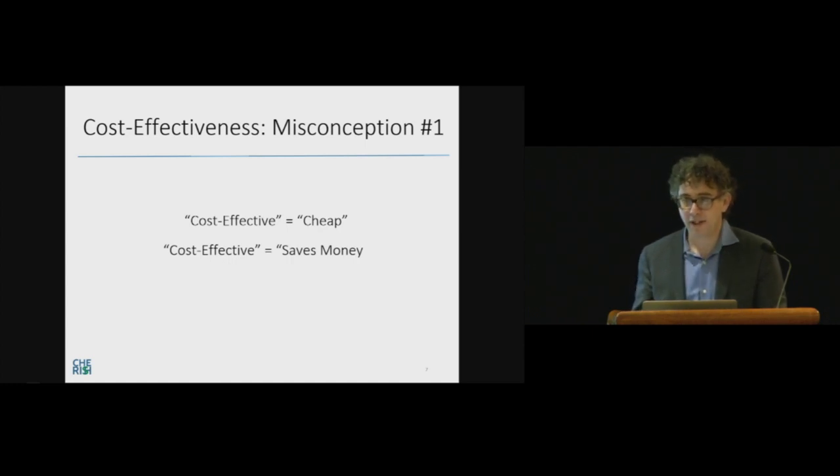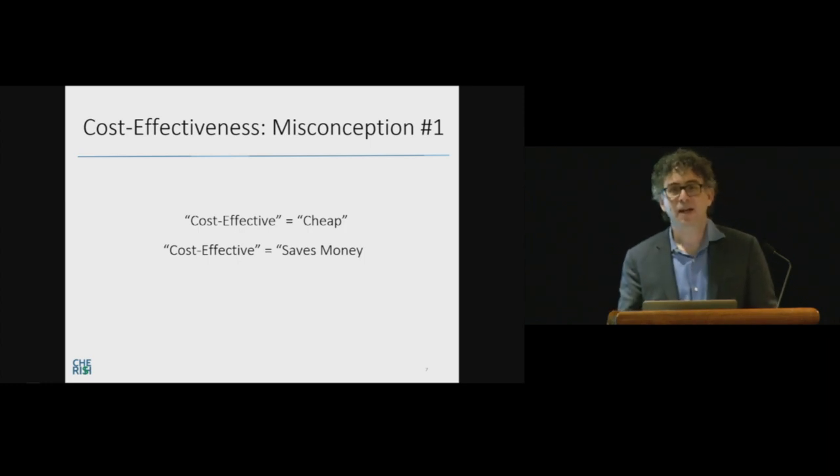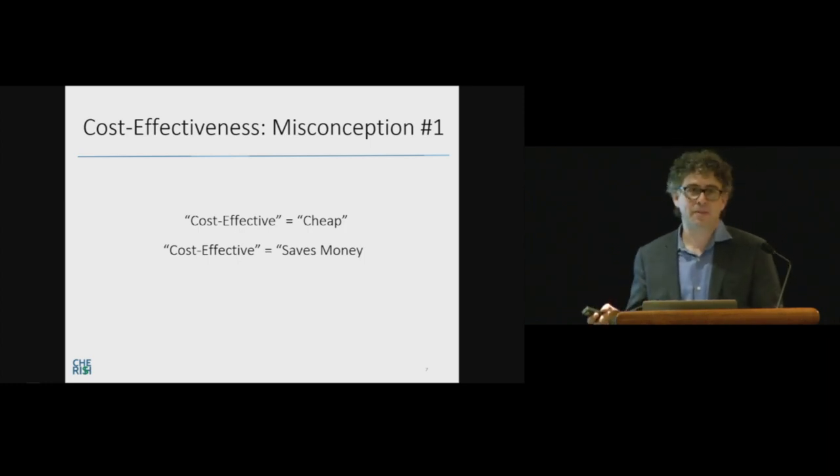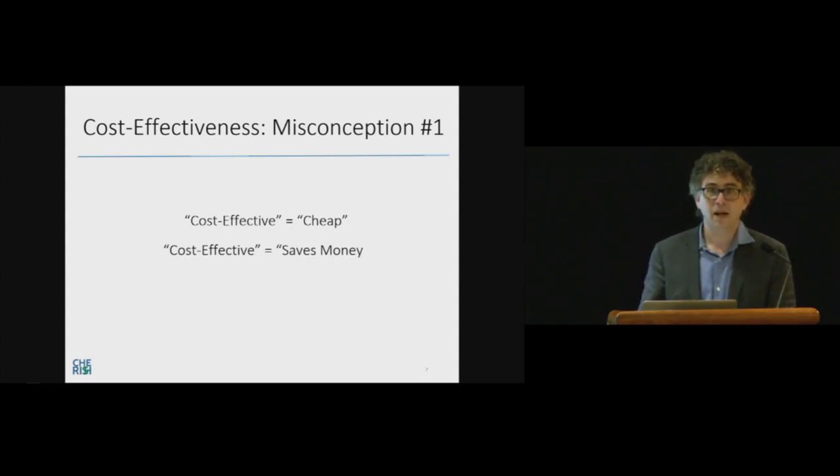So you'll often hear, this is the most common misconception, speakers from CDC or wherever across the healthcare sector will say, oh, we're going to vaccinate all these kids, and so we're going to save all this money because they're not going to get this terrible disease in the future. And that's true.